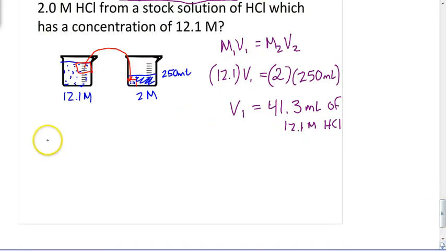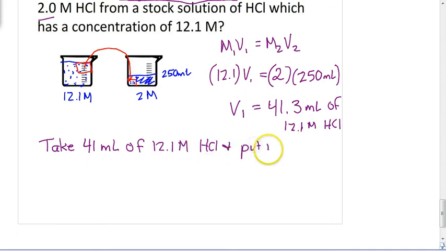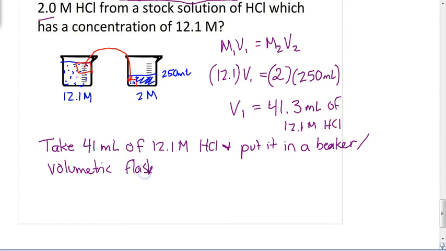So you'd have to say, take about 41 milliliters, using sig figs, 41 milliliters of 12.1 molar HCl, and put it in a beaker or volumetric flask. And then add water.